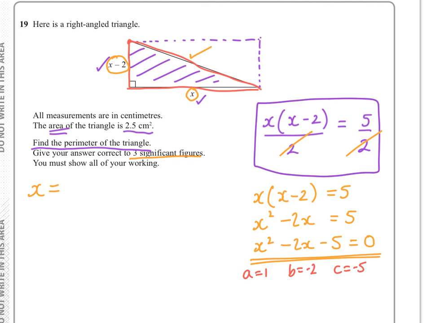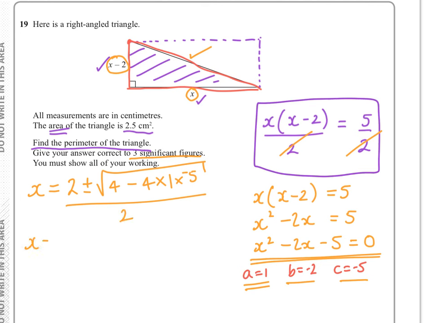So x would be minus b, which will be minus minus 2, which is 2, plus or minus the square root of b squared, so negative 2 squared is 4, minus 4 times a times c, all over 2a.